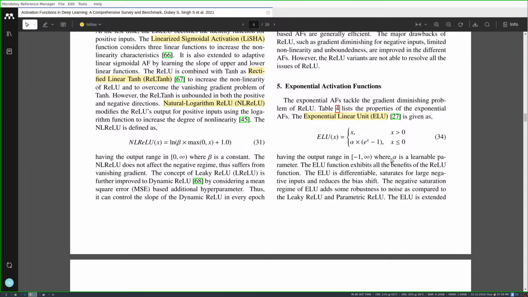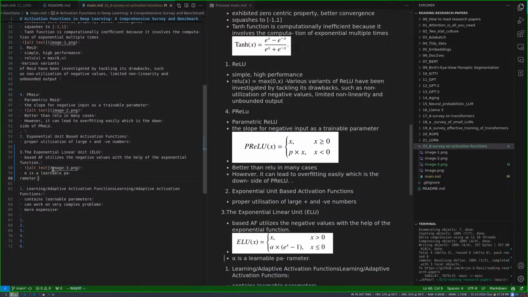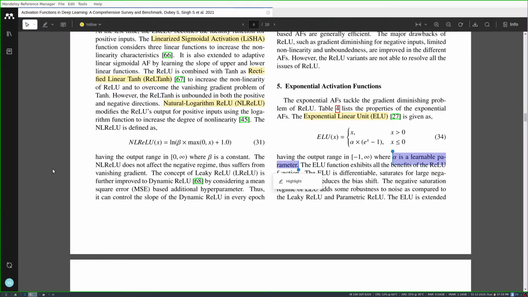The ELU function exhibits all the benefits of the ReLU function. Oh, it is differentiable and saturates. I mean, this is important. It saturates for large negative inputs and reduces bias shift. The negative saturation regime of ELU adds some more robustness to noise compared to leaky ReLU or parametric ReLU.